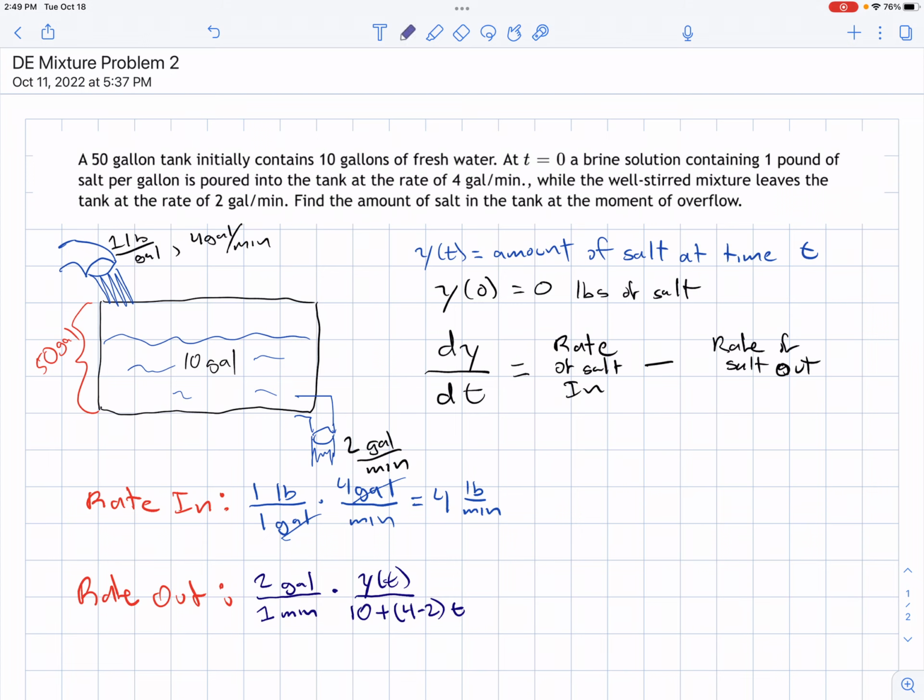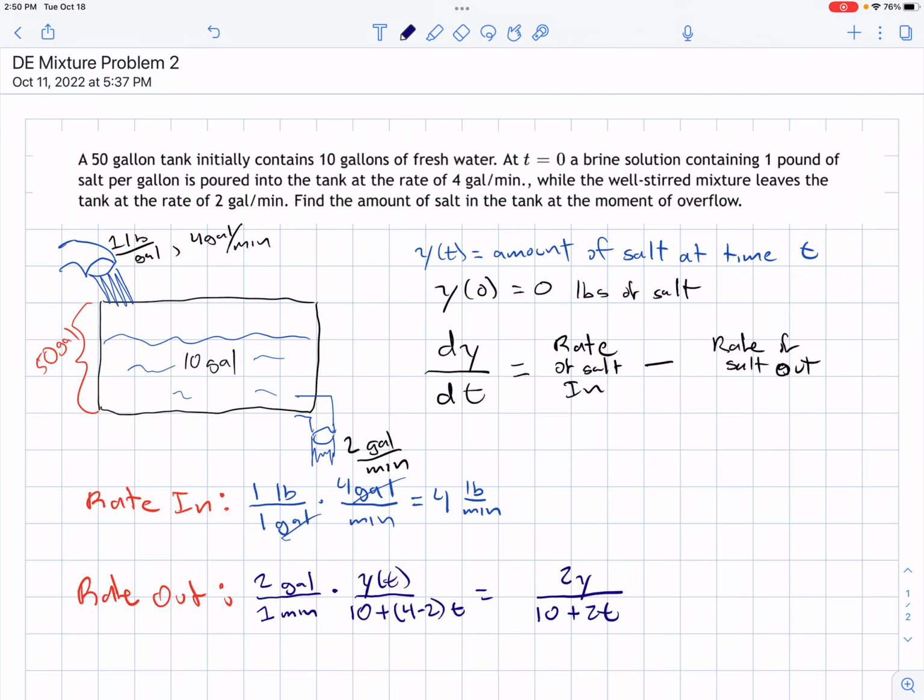After we cancel the units out, gallons over gallons, and cleaning this up, we have 2y over 10 plus 2t.